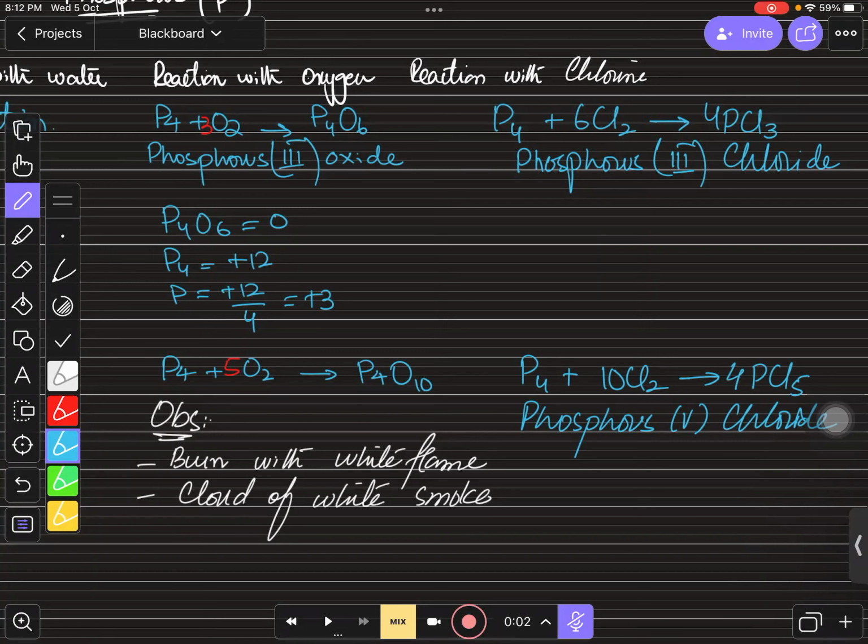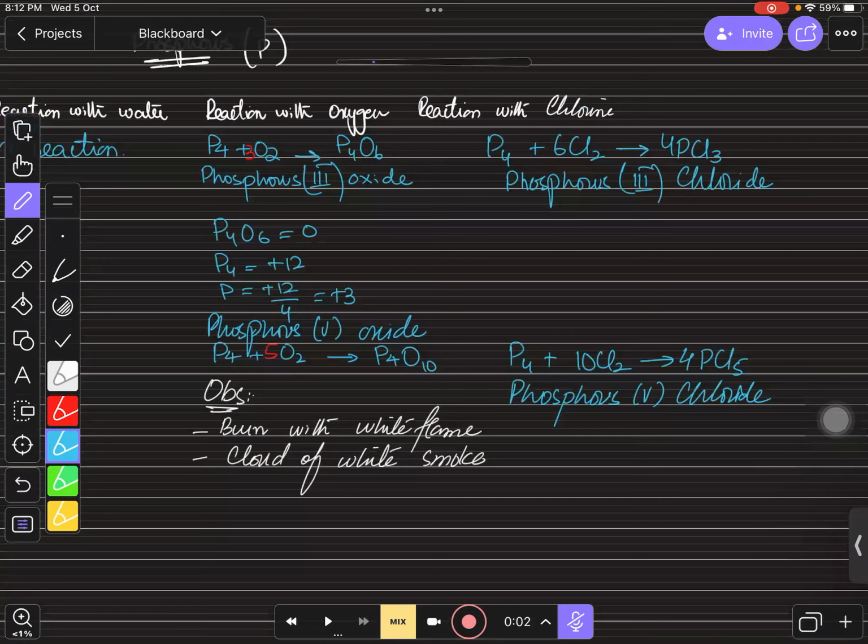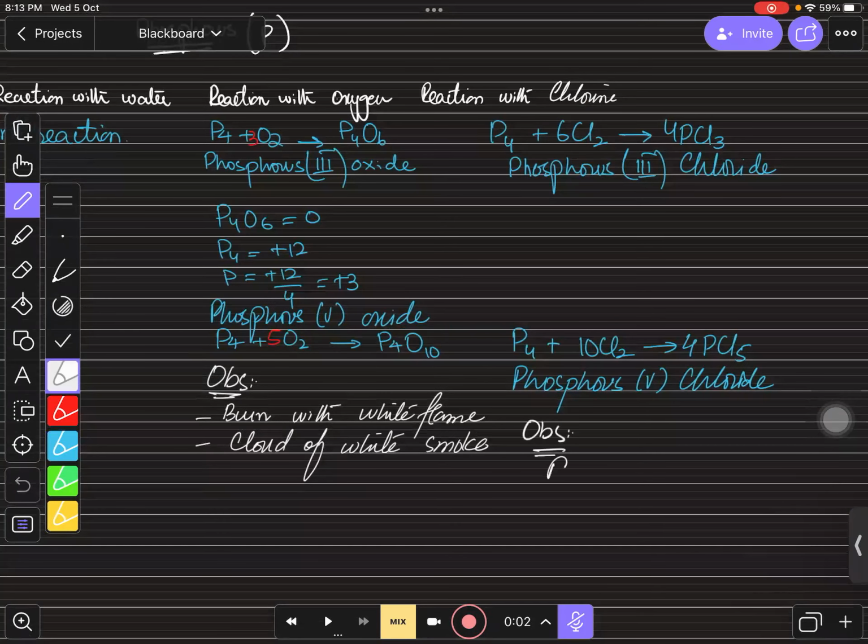So you can remember these things, right? I have not written the name here, you can write here phosphorus pentaoxide, right, bacho? And if you talk about the observation of this, you can remember a few things over here. Actually PCl3 is a colorless liquid, right?